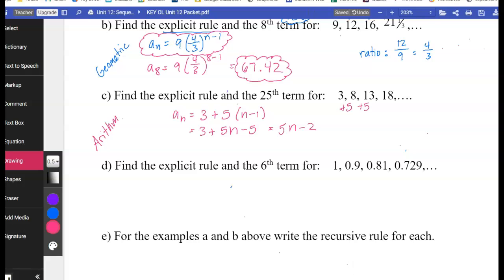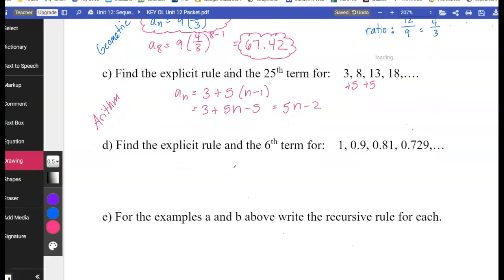All right, so then part D. What pattern do you see? Yes, Colin, exactly. We just multiply by 0.9 every time. Again, if you can't clearly see that, you can always divide the second term by the first term.